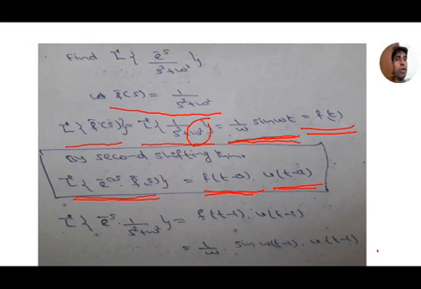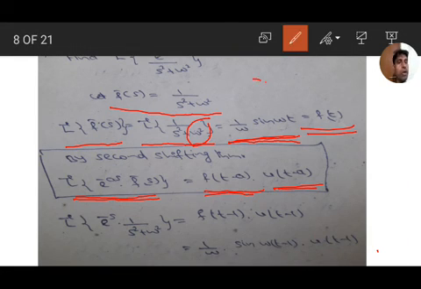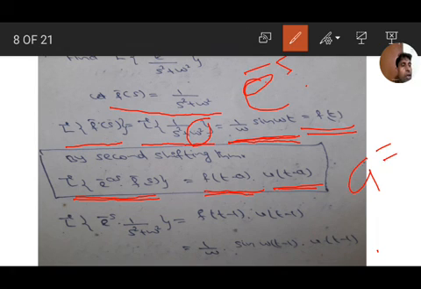Here a equal to what? Here a equal to 1, from e to the power of minus s. So we get L inverse of e to the power of minus s into 1 by s square plus omega square equal to f of t minus 1 into u of t minus 1.